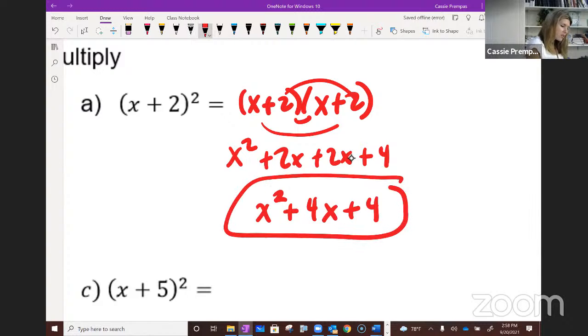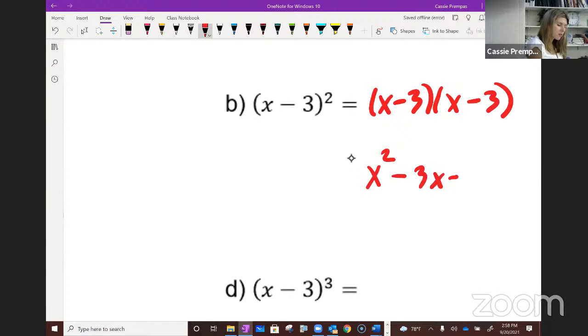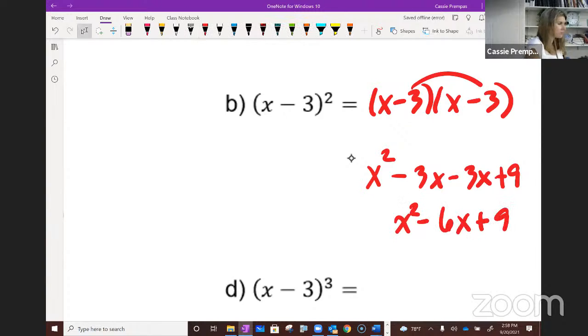Let's foil the next one and see if we see a pattern. So I have x minus 3 times x minus 3, and I foil, and I would have x squared minus 3x minus 3x. What's negative 3 times negative 3? Positive 9. Good. So we'd have x squared minus 6x plus 9.